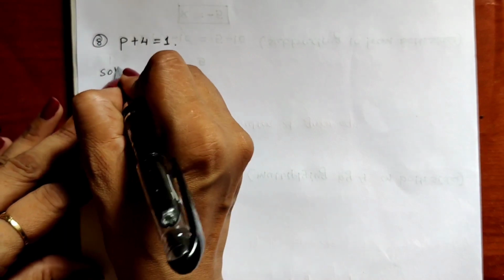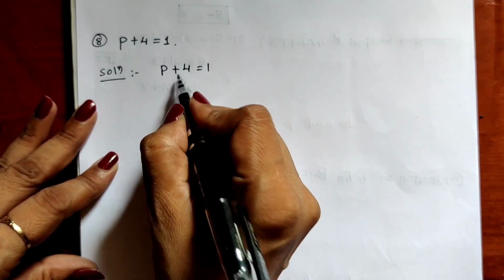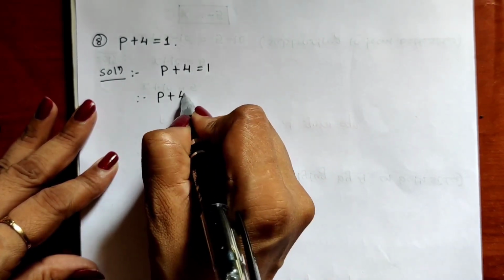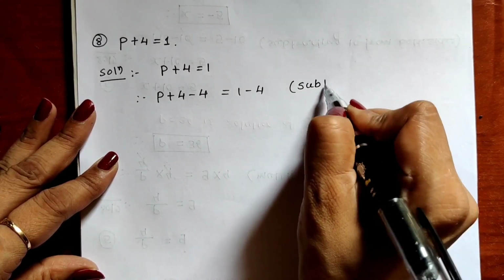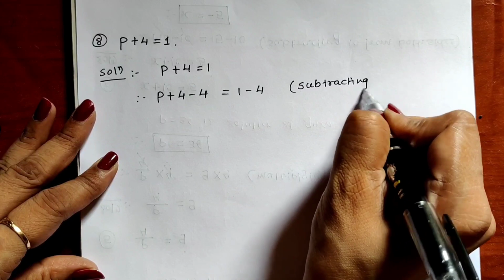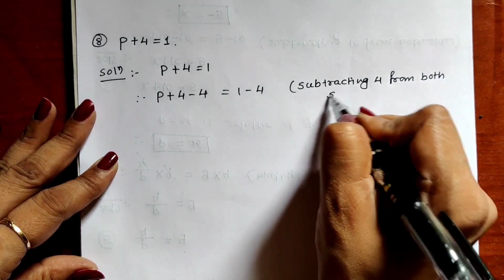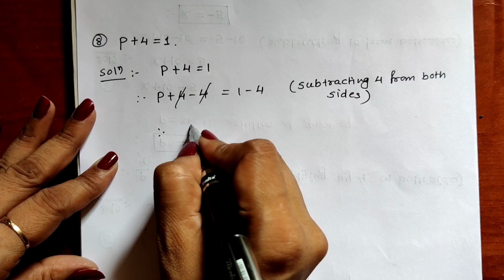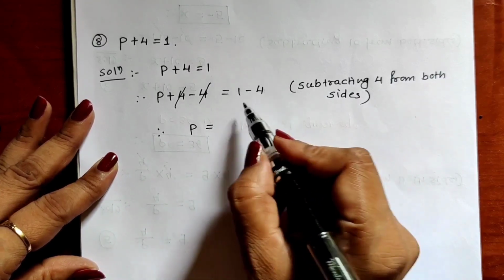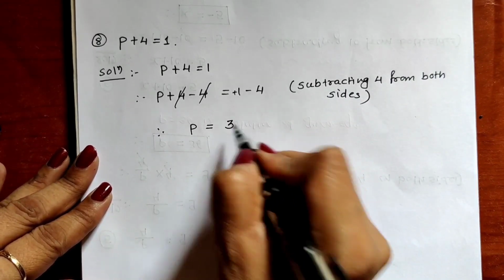Next sum. P plus 4 equal to 1. Write the equation once again. P plus 4 equal to 1. Now plus 4 is there. So what we have to do? We have to subtract 4. Subtracting 4 from both sides. So plus 4 minus 4 we get only P. And 1 minus 4, plus 1 minus 4, plus minus minus, 4 minus 1 is 3.